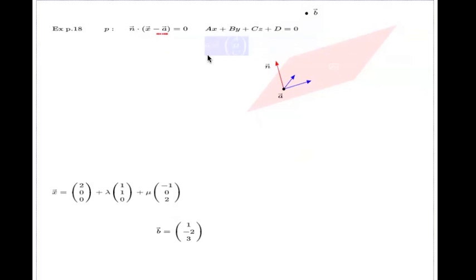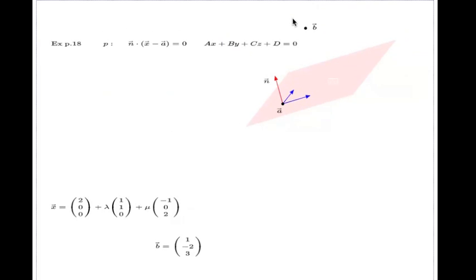Now look at what I'm going to do. I'm going to run a line through this B point, like this. So L will be the line with this vector equation. That's the line which gets to the tip of the vector B, parallel to my normal vector. That's the line perpendicular to my plane, isn't it?